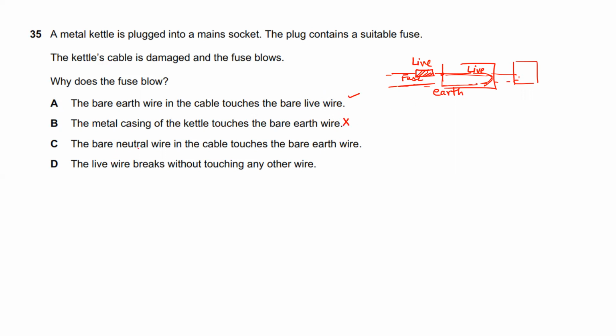So no. The bare neutral wire in the cable touches the bare earth wire. Neutral and earth do not have any relevance in this case. So no. Live wire breaks without touching any wire. If the live wire breaks and doesn't touch any wire, the fuse will stay, the circuit will be an open circuit, no current flows. So this is again not the case. So answer A will be the best option we have.